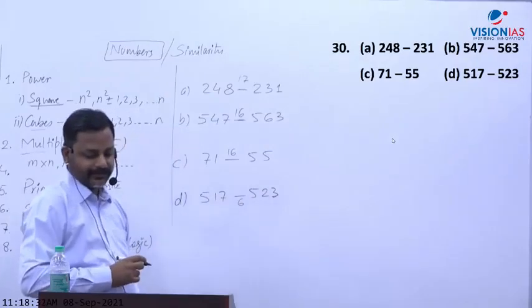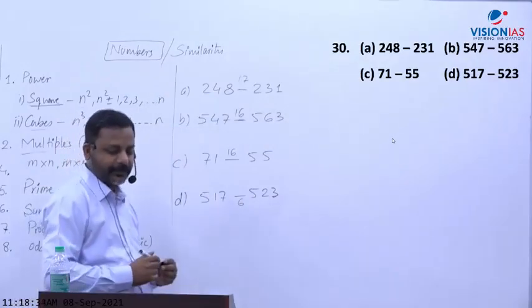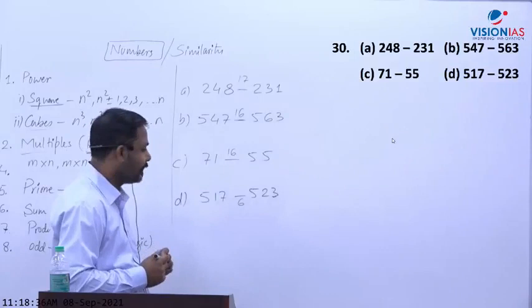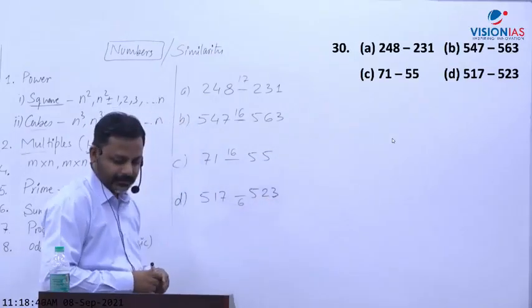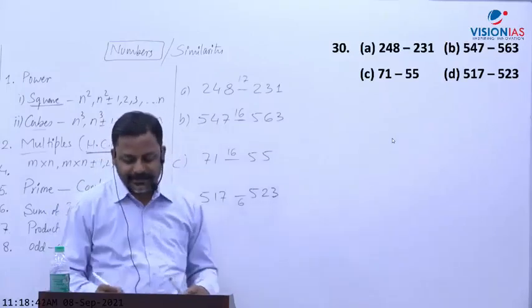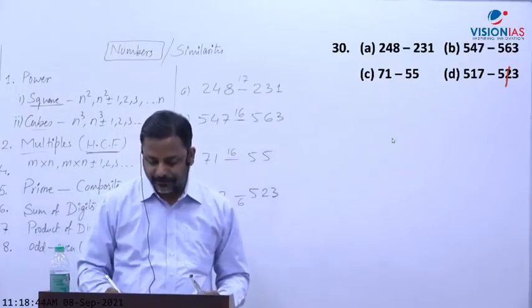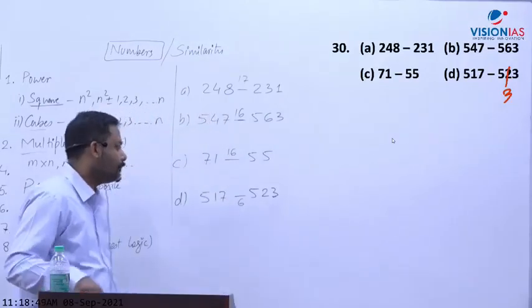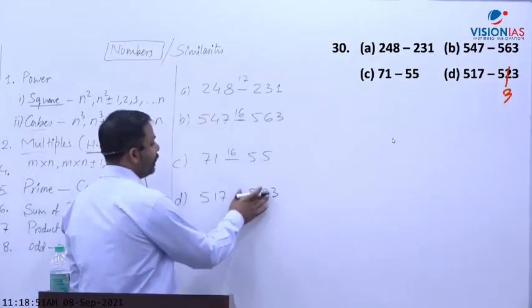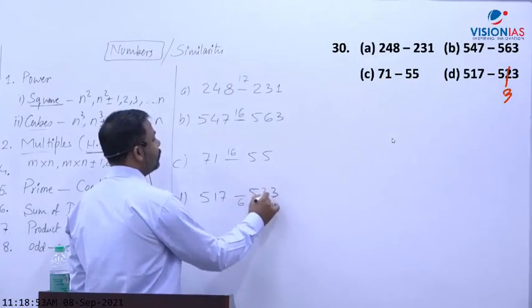So I guess the digit at the fourth option is incorrect. It should be 533 instead of 523.